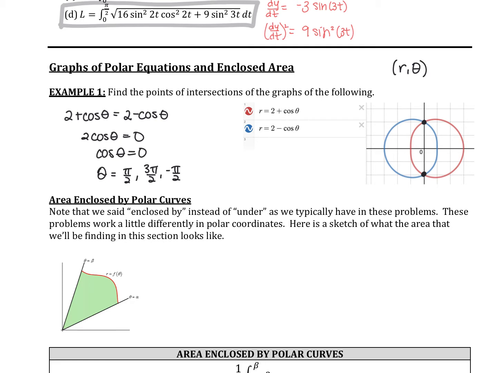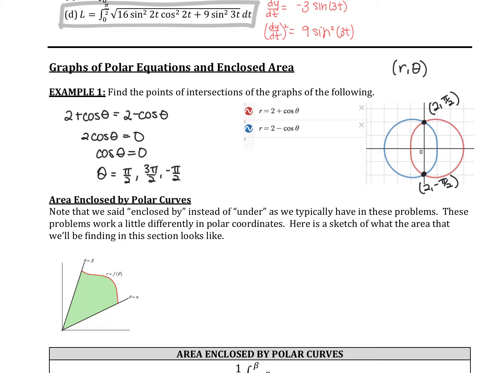So I have the ordered pair here that would be 2, comma, pi over 2, and then the ordered pair here that would be 2, comma, negative pi over 2. Those would be my ordered pairs, the points of intersection of the graphs. Now, let's talk about this area.